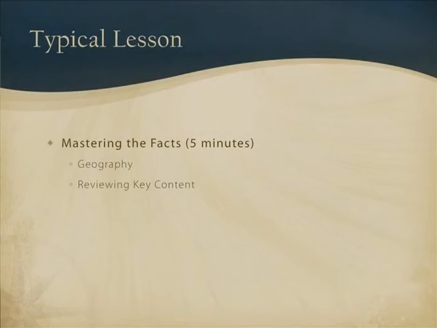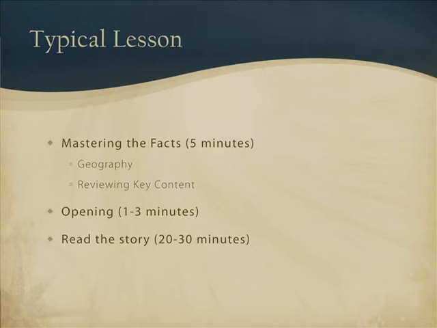What is a typical lesson like? First of all, we start out with mastering the facts, which is a quick review of key content that has been learned, and also learning geography. We sing songs to help us learn geography. This is especially in grades 3 and 4 that we're working with this sort of schedule. There's a quick opening to get the students ready to learn the key content for the day, but then the bulk of the time is spent reading the story.